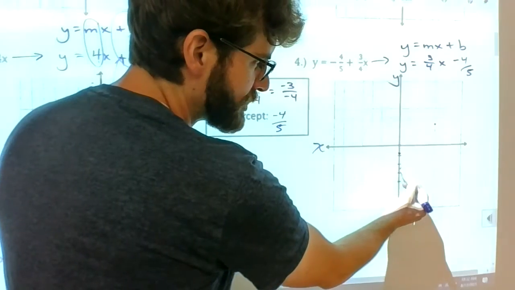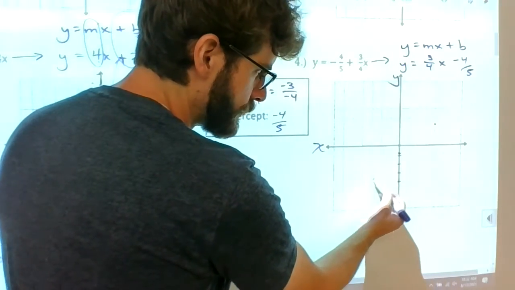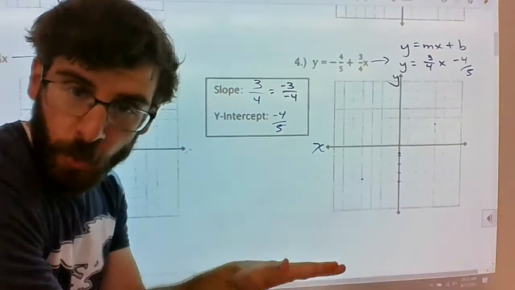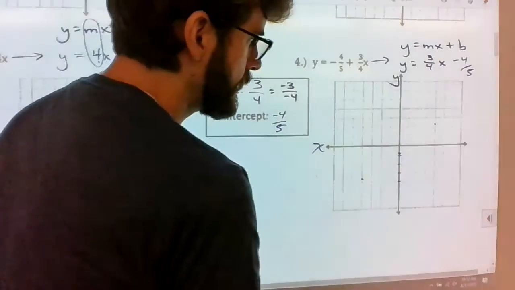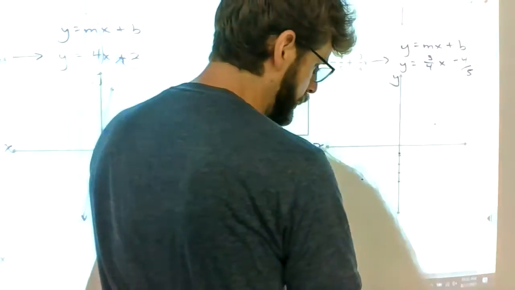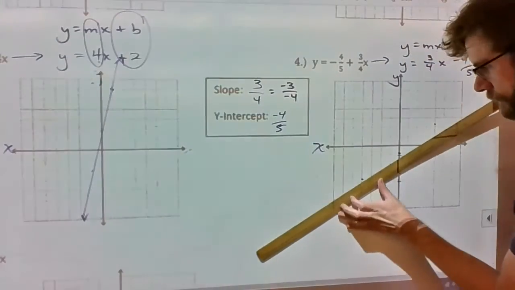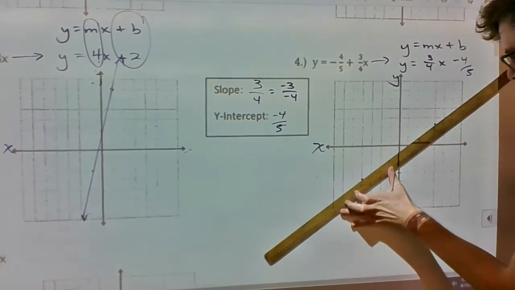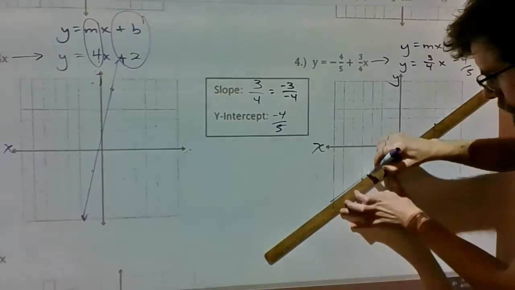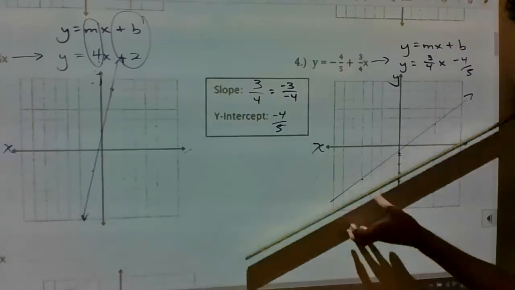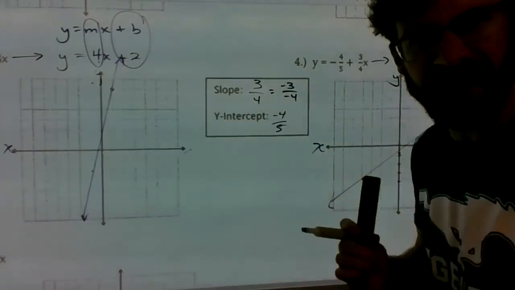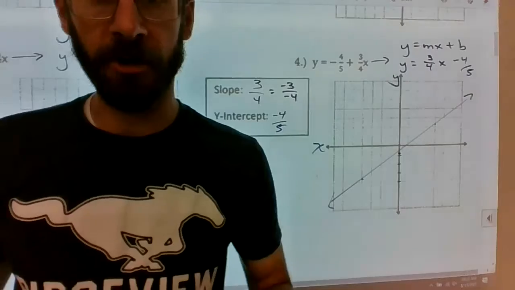Down 1, 2, 3, left 1, 2, 3, 4. Still between the blocks, okay? And then we take our ruler, we connect the dots here. Not perfect, but it's kind of a faded grid, so we'll chalk it up to that.